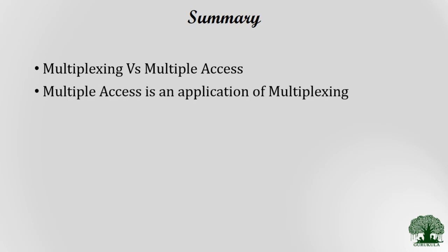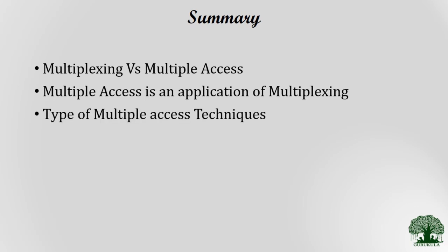So that is all about what is to be discussed about FDMA. Just to summarize the concepts we have studied: we started off with the relationship between multiplexing and multiple access, and we understood that multiple access is an application of multiplexing.